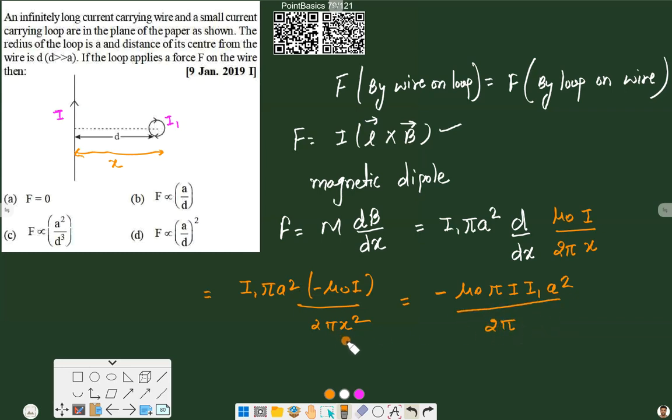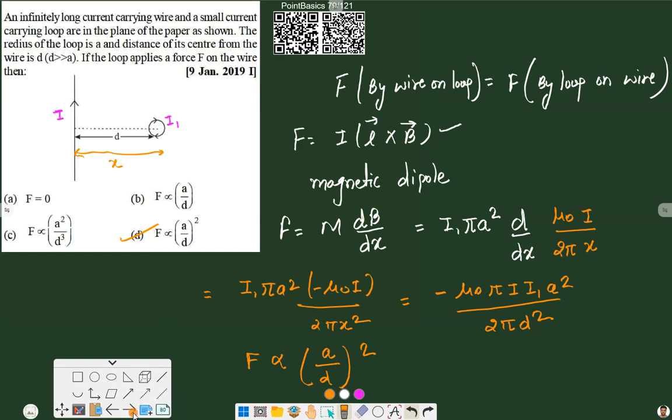Now putting x equal to d, we get d square, or we can say force is proportional to a by d whole square, that is option D for us. Hence option D will be the right answer here.